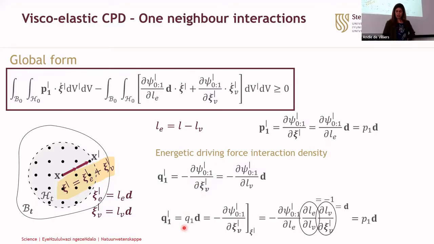Again, by using the chain rule, I can expand my definition and write it in terms of the value and the direction. And in fact, the value is the same as that for my force density vector, which is helpful when we calculate things.